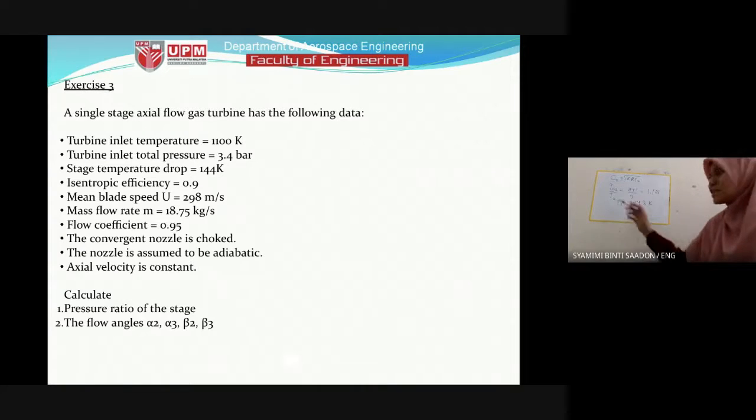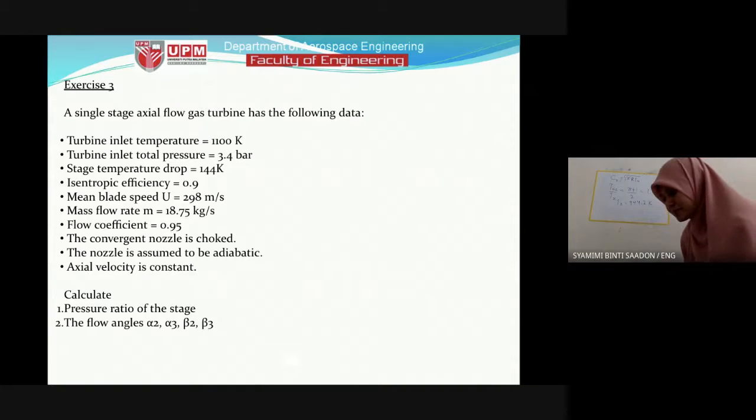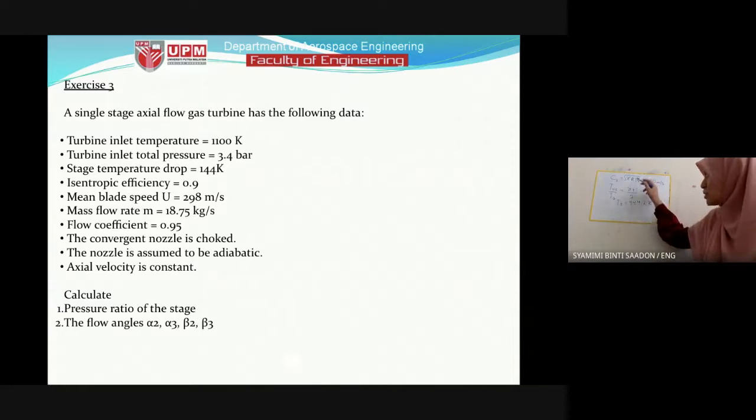T2 is like the T7 exit nozzle, something like the previous chapter. So T2 is 944.2 Kelvin, and back to C2, 600 meters per second. You substitute T2 inside the square root.